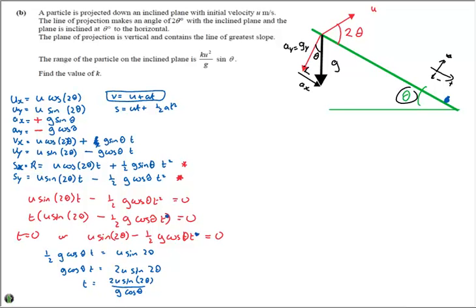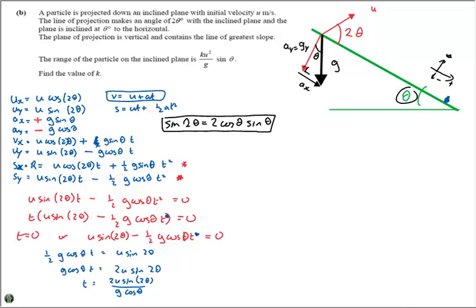Now, it's very important you are familiar with your log tables. I'll do this one in black up here. If you look on page 14 and 15, the sine of 2 theta is equal to 2 cos theta sine theta. So we can substitute that in.